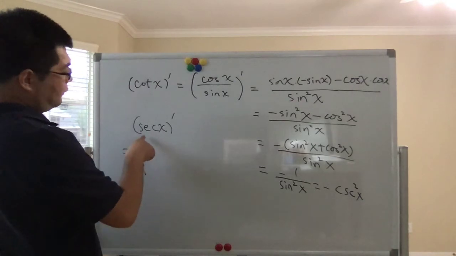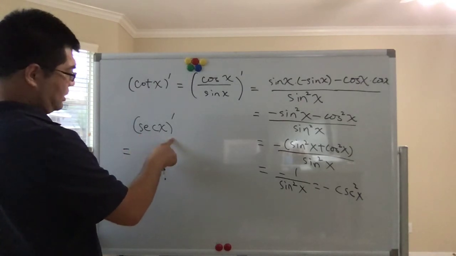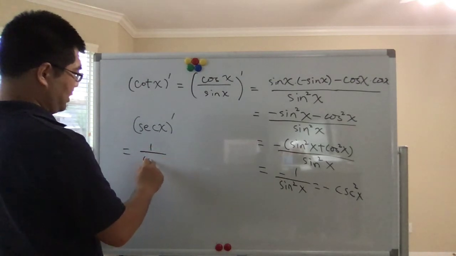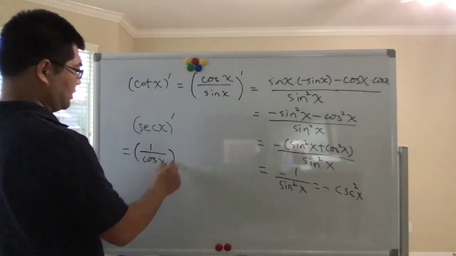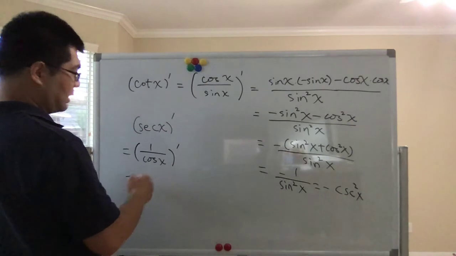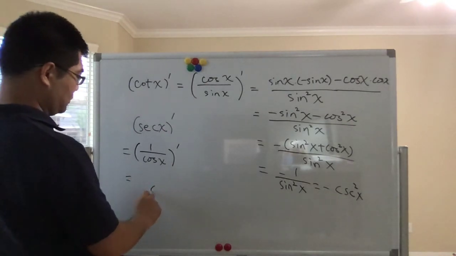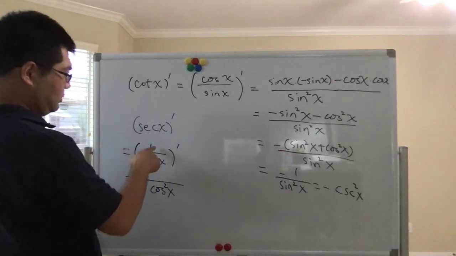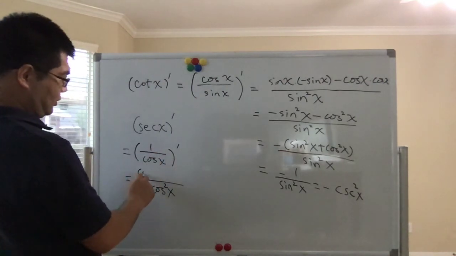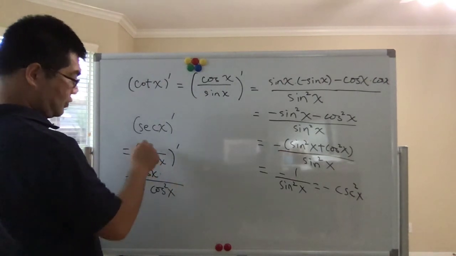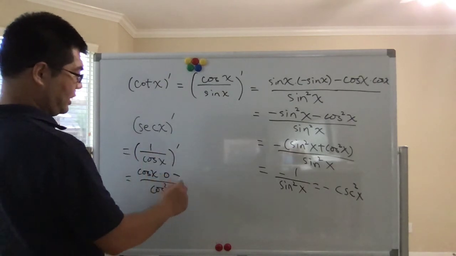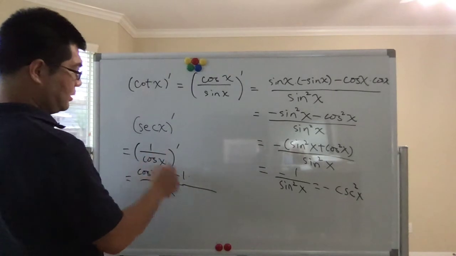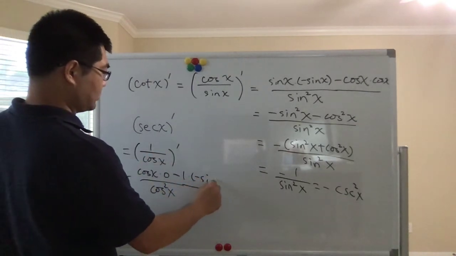Okay, so let's look at the last one. How do we figure out the derivative of secant x? Well, rewrite it as 1 over cosine of x and take the derivative. Again, you can apply the quotient rule. So it's cosine squared of x on the bottom, and on top, low d high, times the derivative of high, which is 0, minus high times d low, the derivative of cosine, negative sine of x.